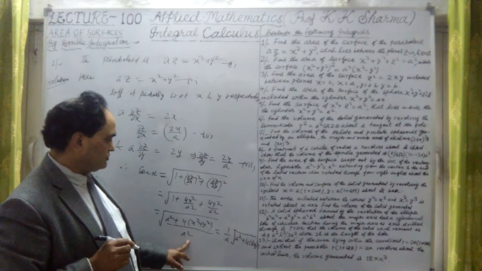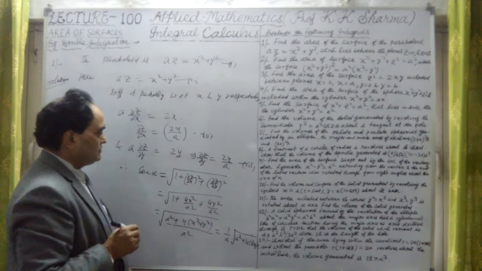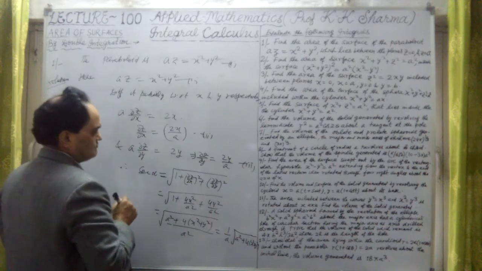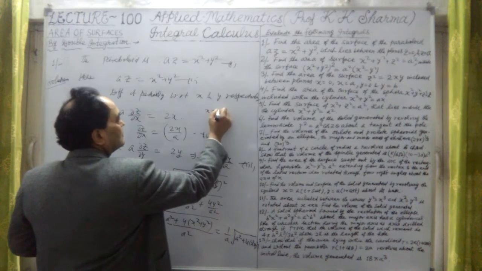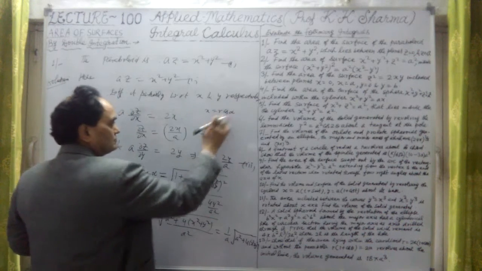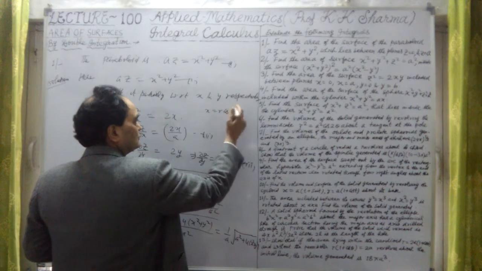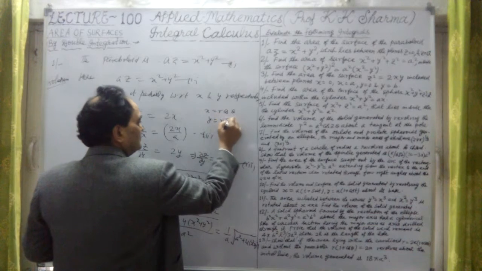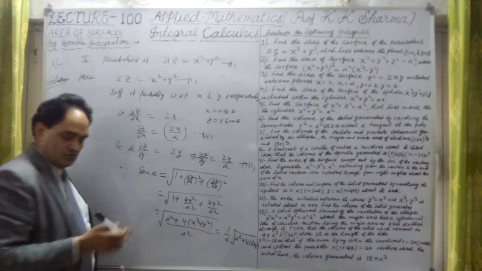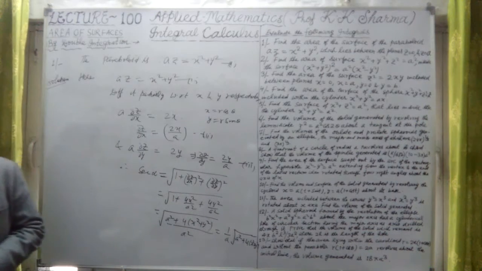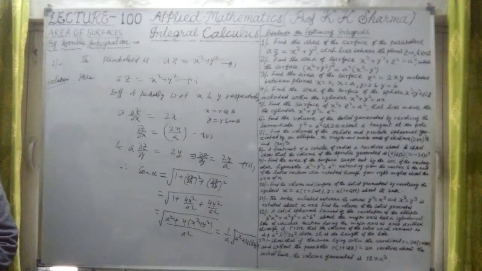In polar coordinates, x equals r cos theta and y equals r sin theta. Okay, so it means we just have to substitute.